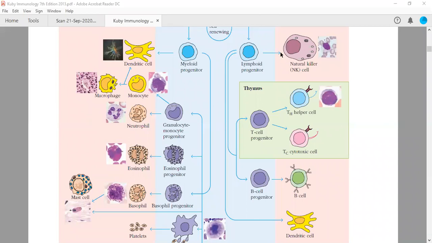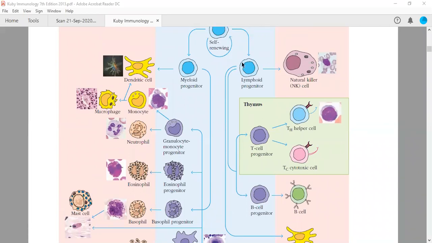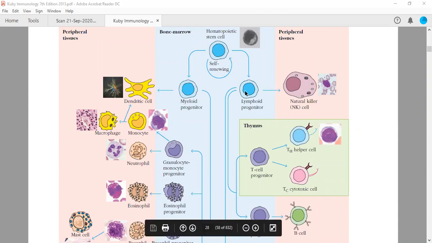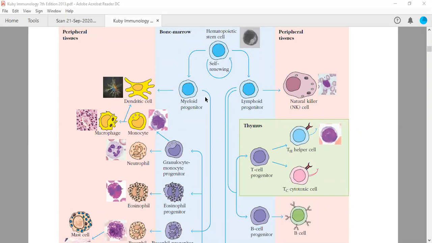The natural killer cells are coming from the lymphoid progenitor cell, which is actually coming from the hematopoietic stem cell. देखो, hematopoietic stem cell तो किसी भी cell type में convert हो सकती है, either myeloid or lymphoid. Myeloid can give rise to different types of cells, but once they make the myeloid and lymphoid progenitor cells, their fate is decided.